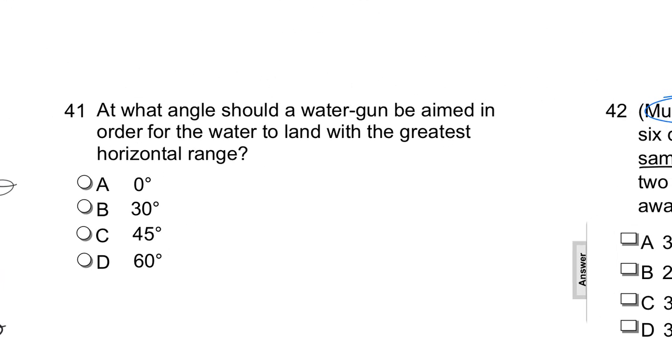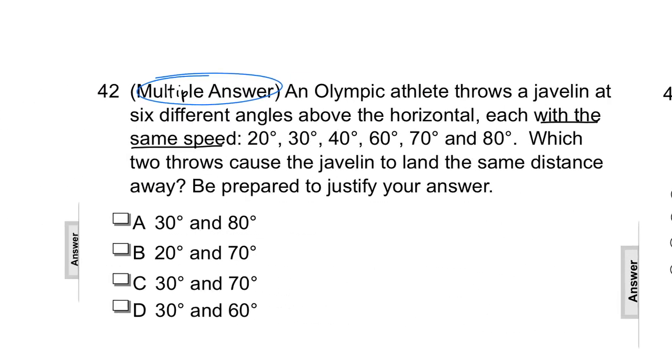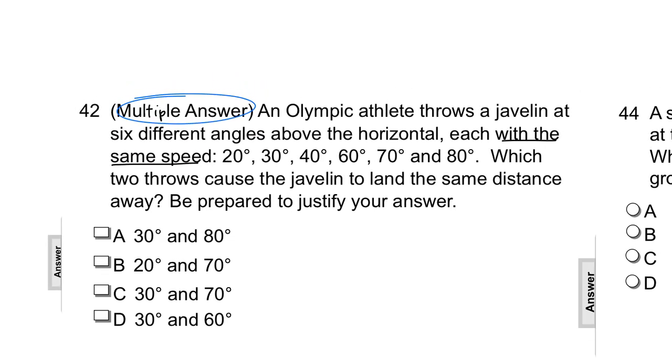At what angle should you throw for greatest horizontal range? Well, that's 45. There are 6 different angles above the horizon. Which 2 throws of these cause the javelin to land the same delta x away? Okay, so they have to be complementary.